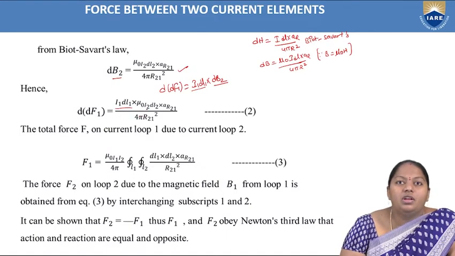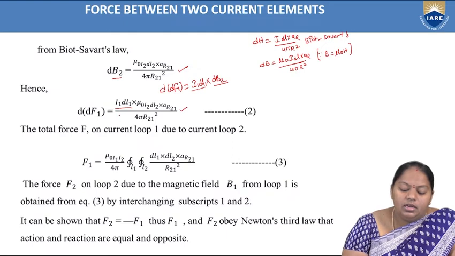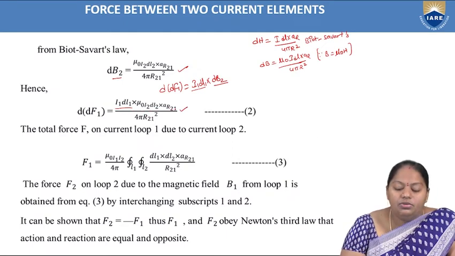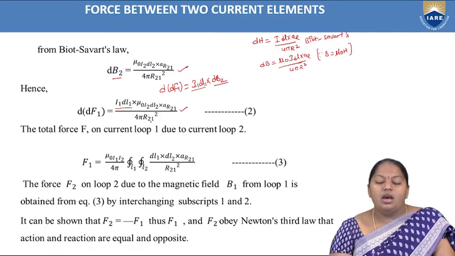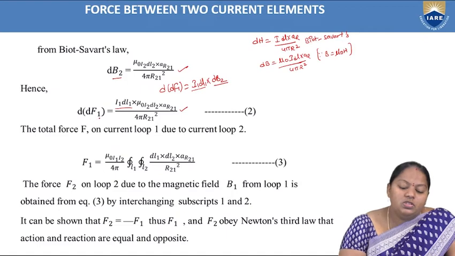Based on that, the field produced is related to the second element. Hence dB2 is to be considered as I1 dl1 into μ0 I2 dl2 aR21 by 4π R21 squared. Right? So d(dF1) is given by this one.